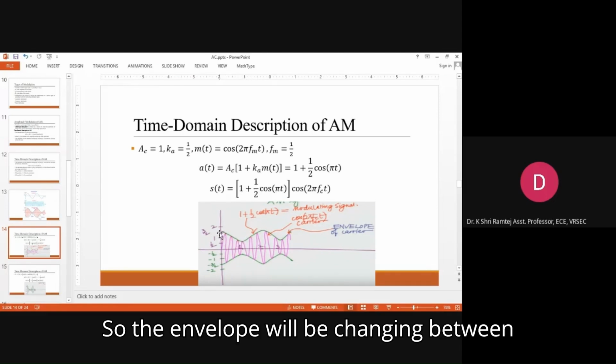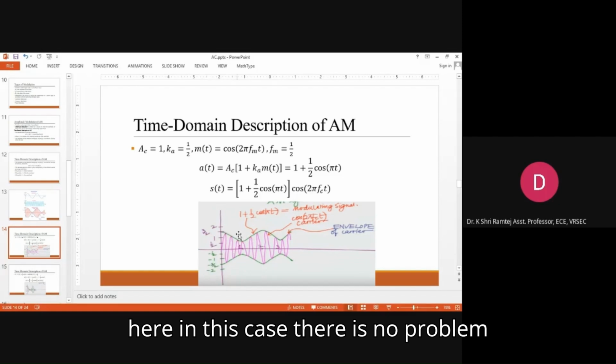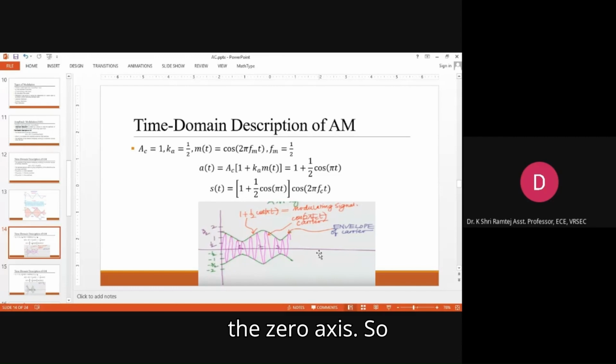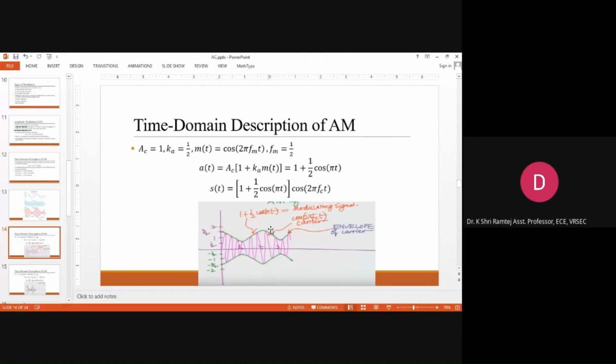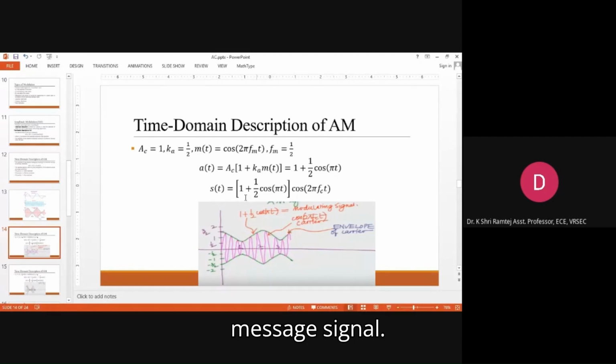So the envelope will be changing between 3/2 and 1/2 continuously. Here in this case, there is no problem because this envelope is not going below the 0 axis. So from this waveform, the envelope of the carrier can easily give us the message signal.